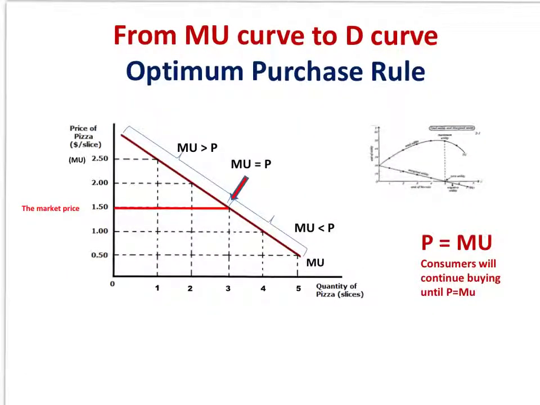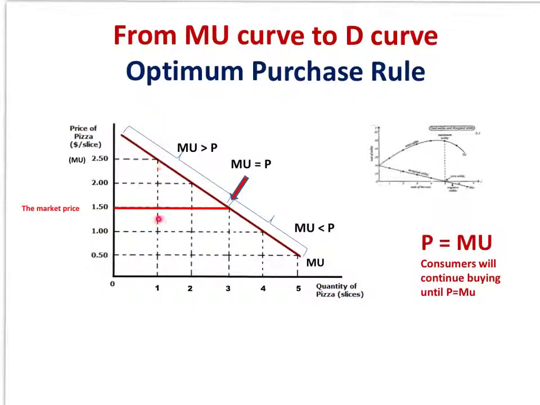Suppose I'm a consumer and I'm going to a shop to buy some pizza slices. When I buy each additional slice, I'm not going to pay a lower price for it. I will pay the market price for each slice that I buy, and that's the same price for each one.